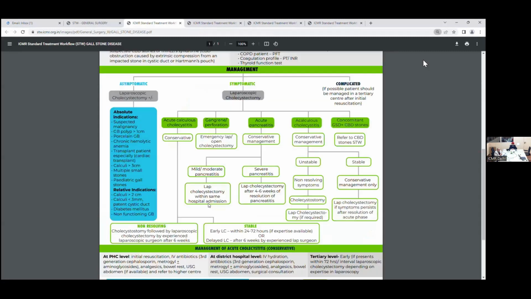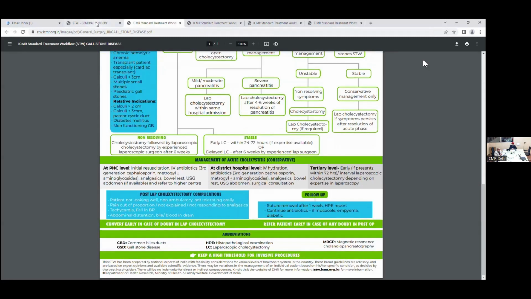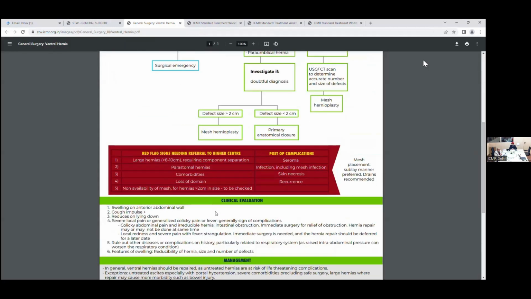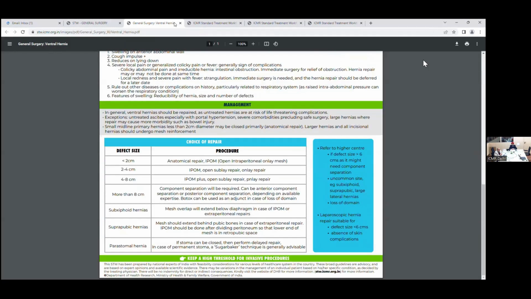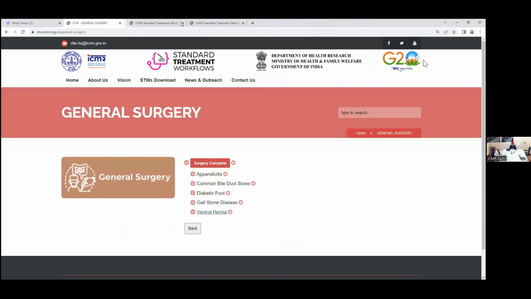So as per your requirement, you can download either the single PDF or the individual PDFs. So these are the STWs under general surgery.